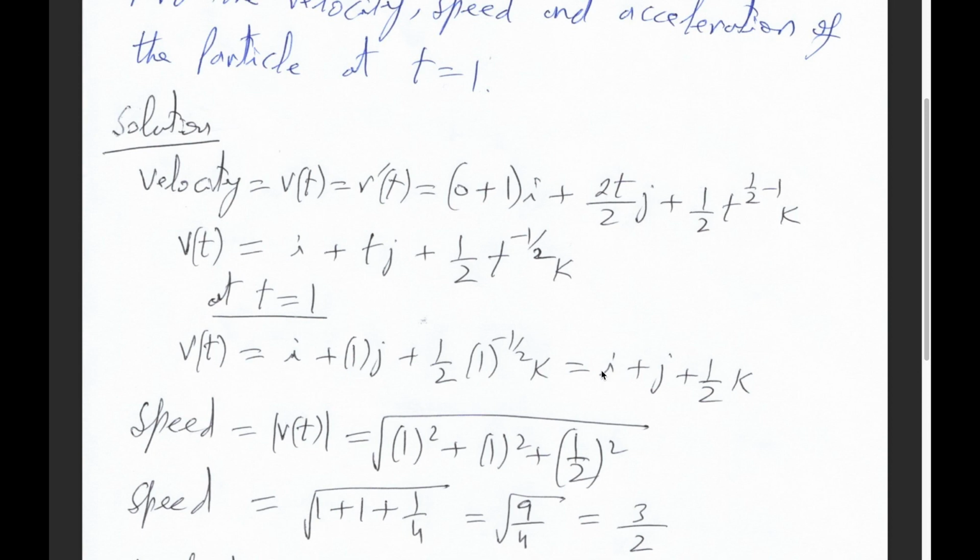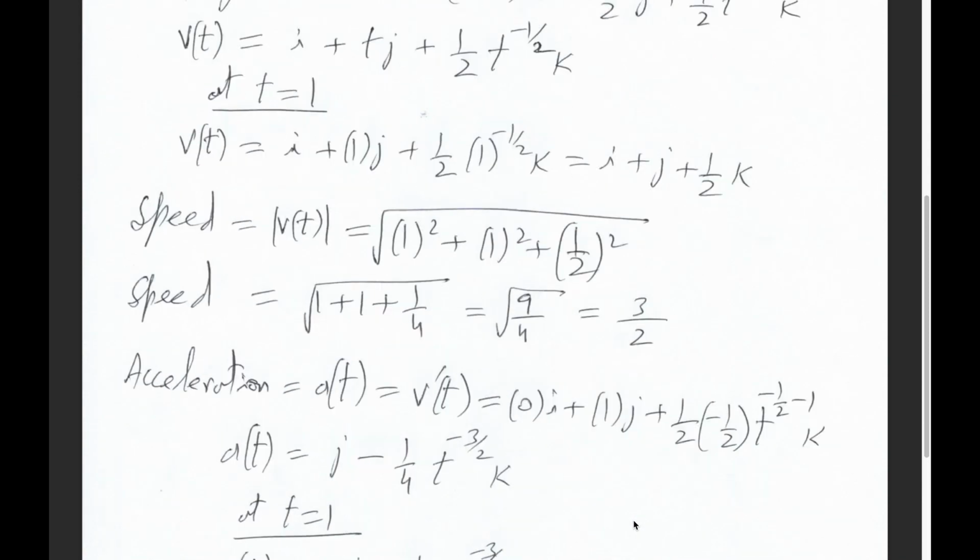So you can find 1 square, then 1 square, and then half square, so 1 square plus 1 square plus half square and then square root. So this will be our speed. Then you can simplify: 1 square is 1, 1 square is 1, 1 over 2 whole square is 1 by 4. If you simplify this, this will be square root of 9 by 4, and if you simplify more, this will be 3 by 2.